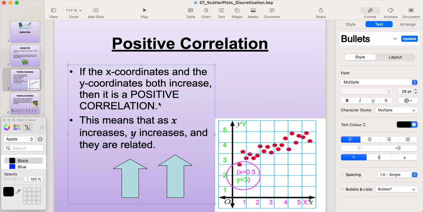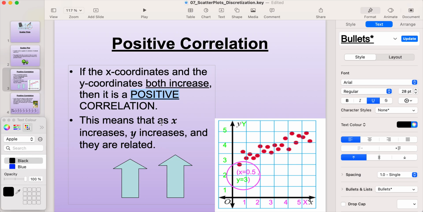In terms of a correlation, that is, what are the points doing, in what direction they're moving. If the x-coordinates and the y-coordinates on the visualization appear to be moving upwards, this means they are increasing, then we have a positive correlation.